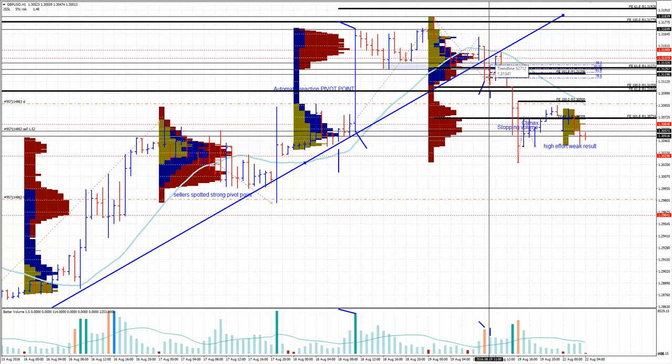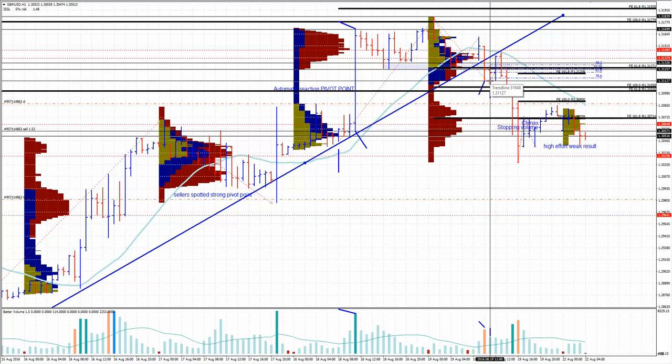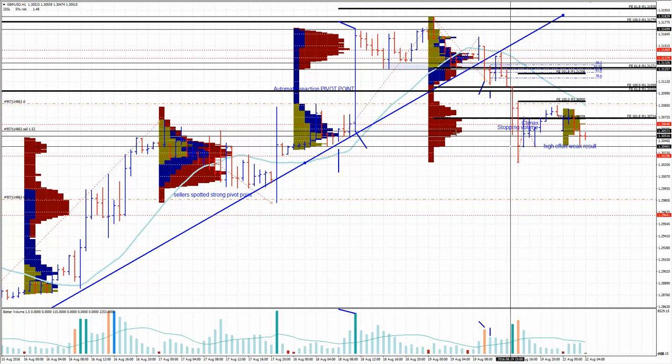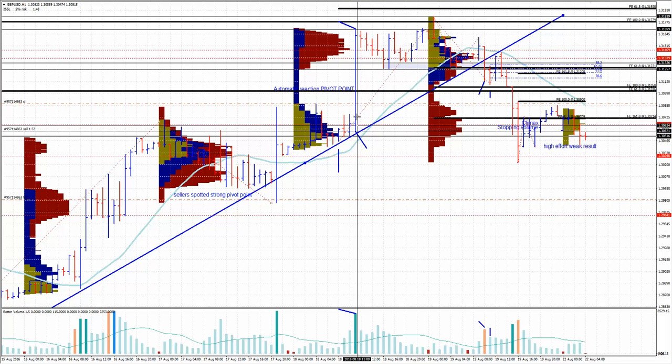Price went lower. This is where I tried to buy intraday. Basically, I tried to catch the swing high again. It didn't work. Price went lower, confirming absorption basically, because price went all the way below this swing low of this demand.